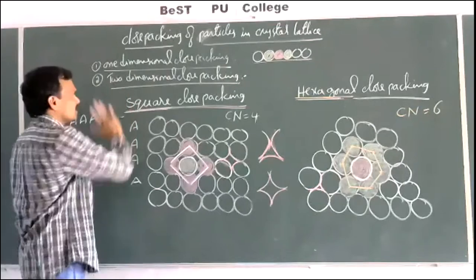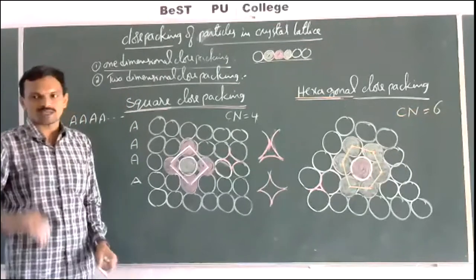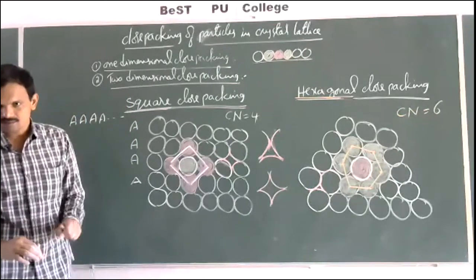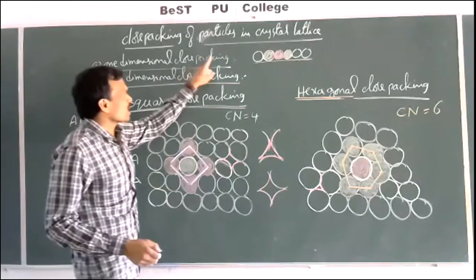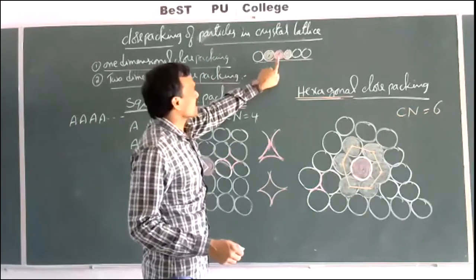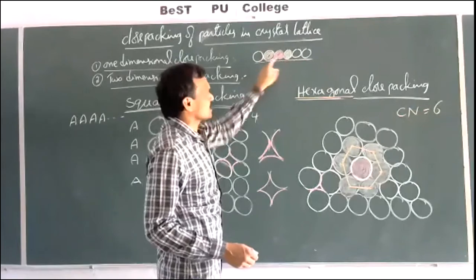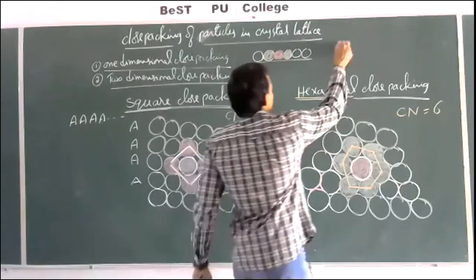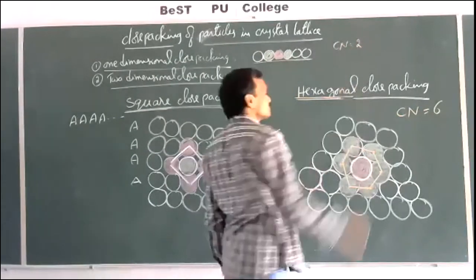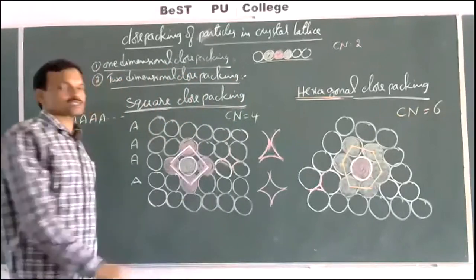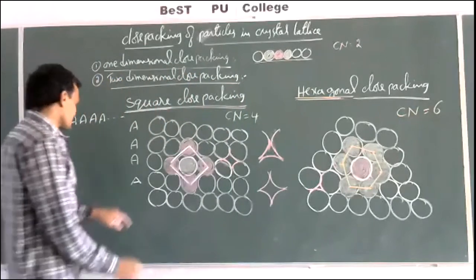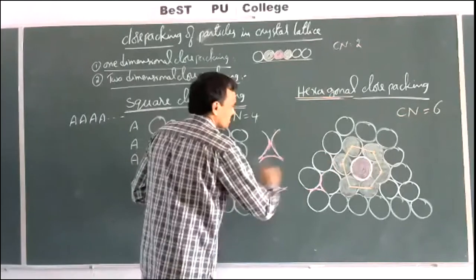So this is regarding two-dimensional close packing of the constituent particles. Clear? See once again. In one-dimensional close packing, each particle is in contact with two other particles. So here the coordination number is nothing but 2. From this one-dimensional close packing, we can get a two-dimensional close packing in two different ways.